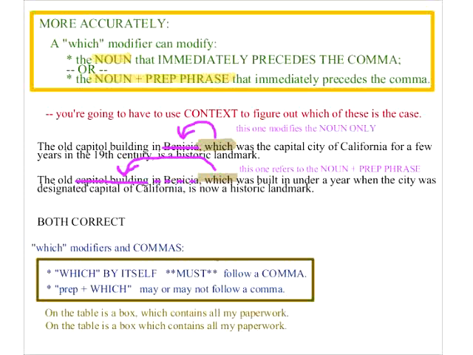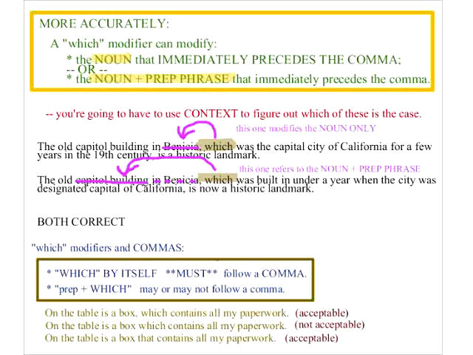Instead of which, what word would you use there? Text box, anybody? Yeah, you would use that instead of which. In British usage, the second sentence would probably appear a lot. So if any of you learned Commonwealth English, this is probably a little bit of a surprise. But on the table is a box that contains all my paperwork. This is acceptable.